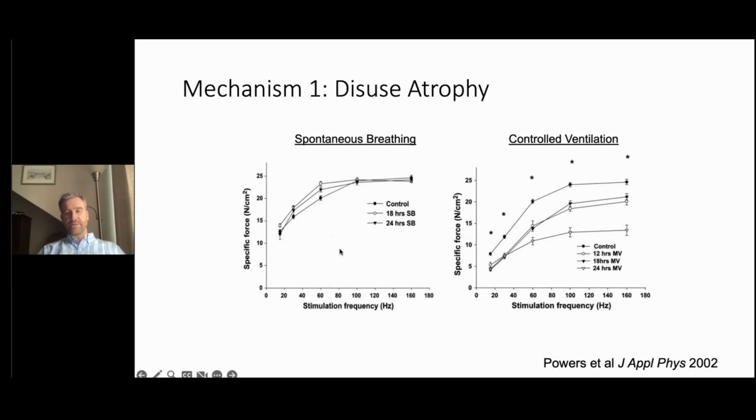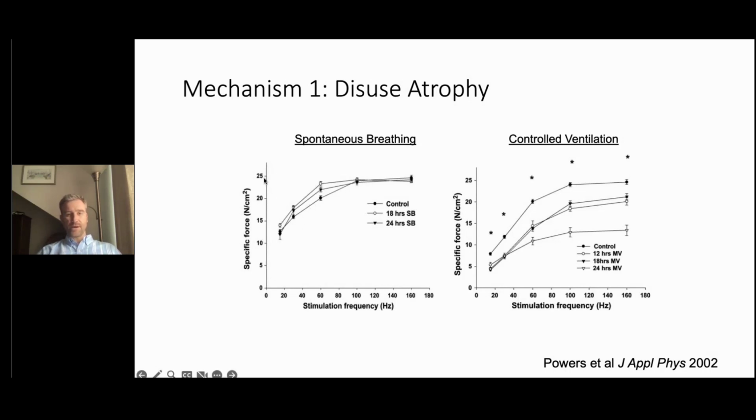And this is demonstrated in this classic experiment from Scott Powers and colleagues, who demonstrated that if an animal is intubated and sedated but kept spontaneously breathing, there's no decrement in force generating capacity over a 24-hour period, as evidenced on the force frequency curve here.